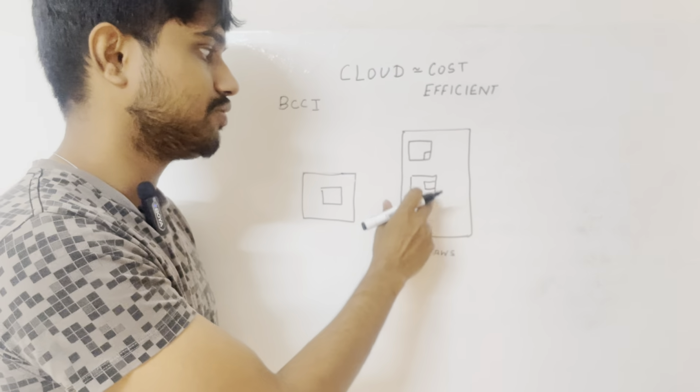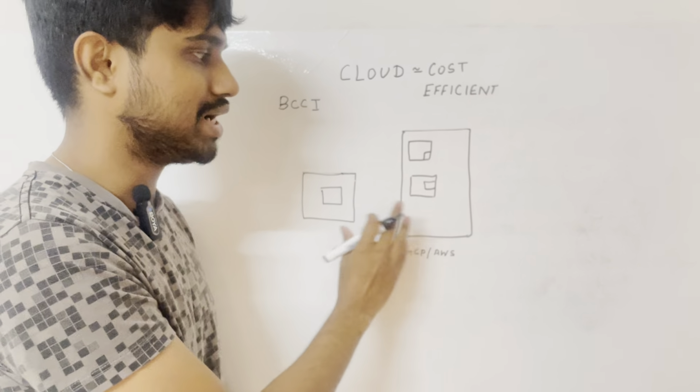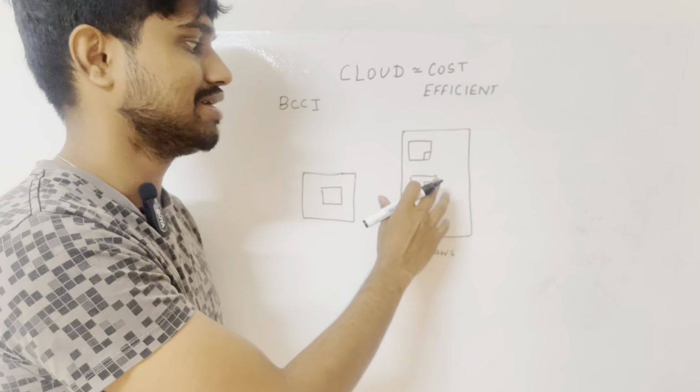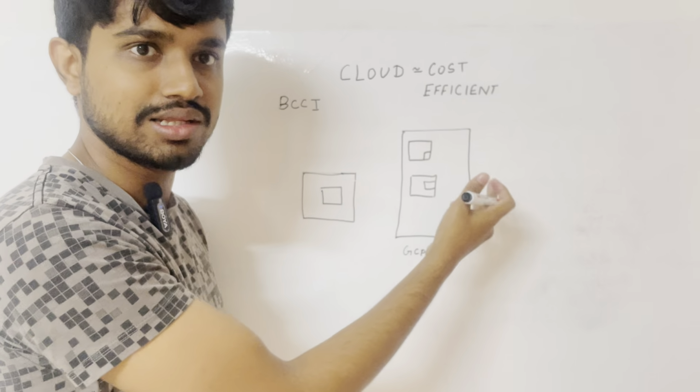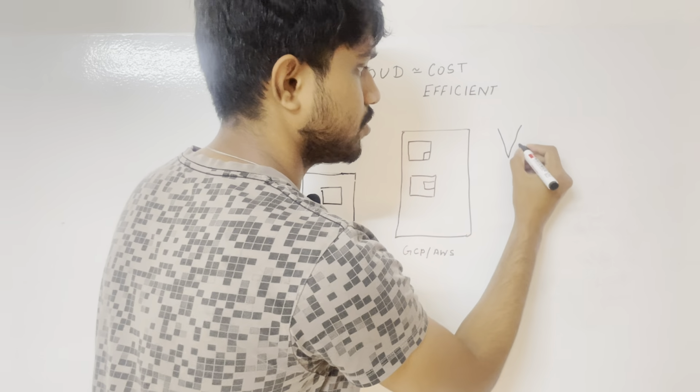So this part of making it look like you are having your own physical machine, but at the end you are just sharing resources of another big physical machine, is usually called virtualization.